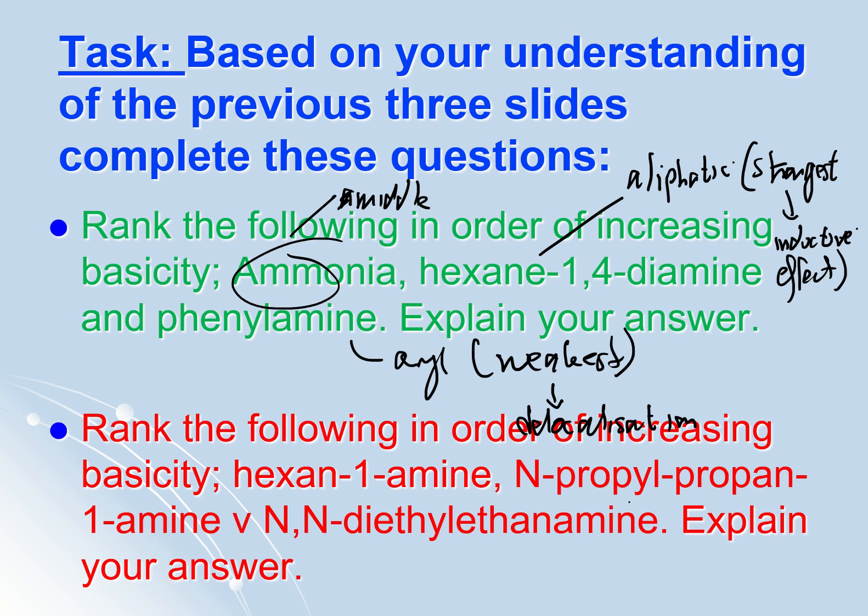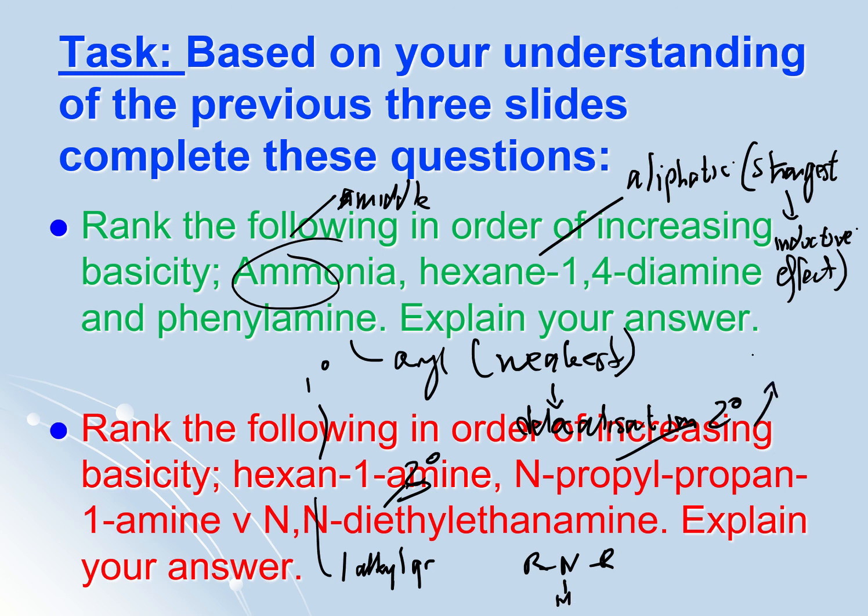Here we've got a primary versus a secondary versus a tertiary amine. Primaries only have one alkyl group. Secondaries have two alkyl groups.